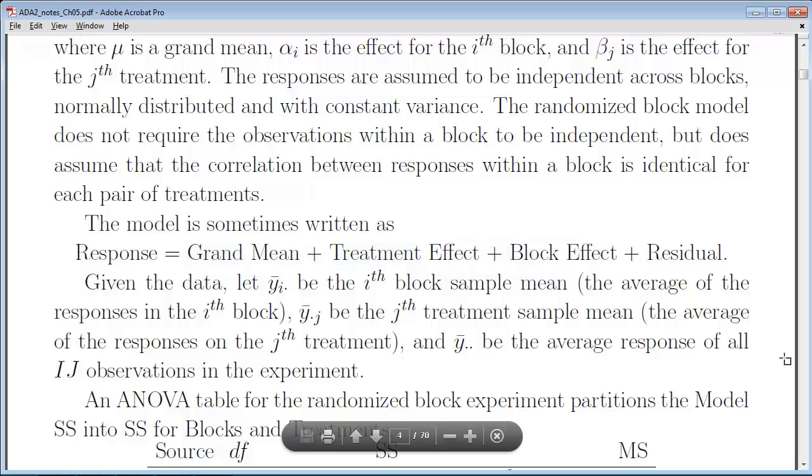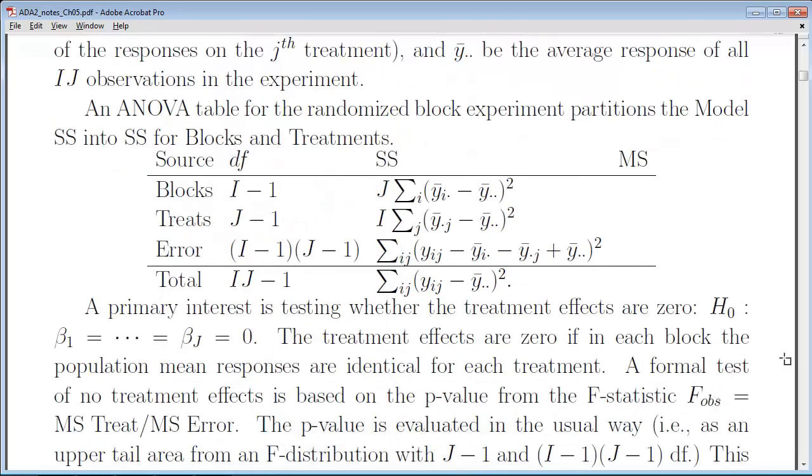All right. So here's an analysis of variance table. We're going to start looking at ANOVA tables for block effects and treatment effects when we have more than two treatments or more than 2 blocks, because we'll have tests with degrees of freedom more than 1.